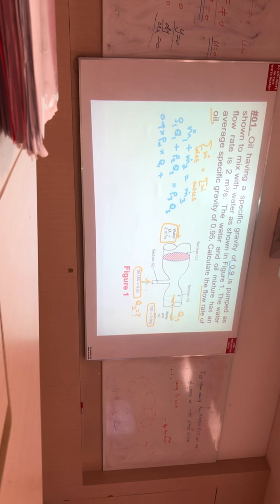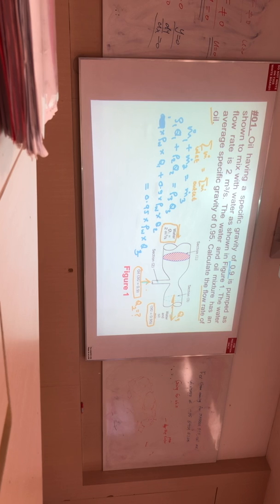This is water, so specific gravity is 1, times Q2. Here is 0.9 times rho of W times Q2 is equivalent to 0.95 times rho of W times Q2. Sorry, Q3, right?